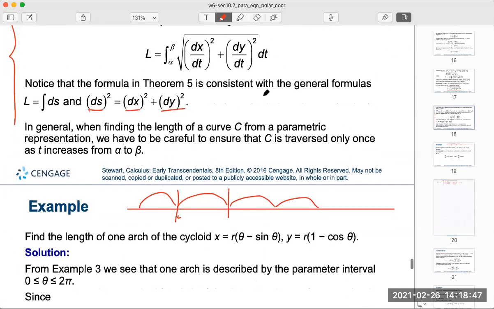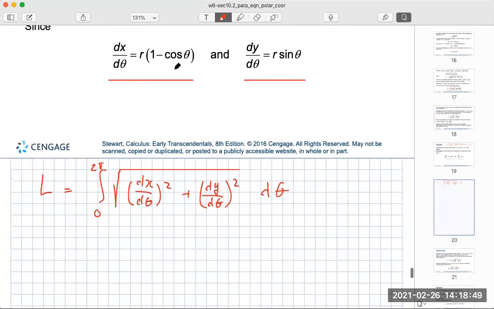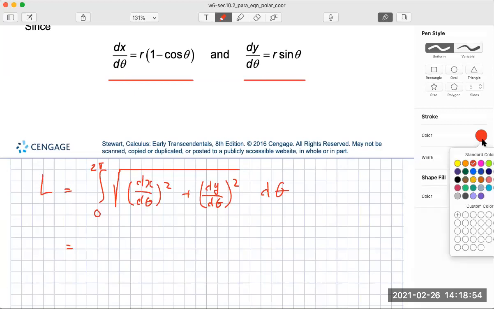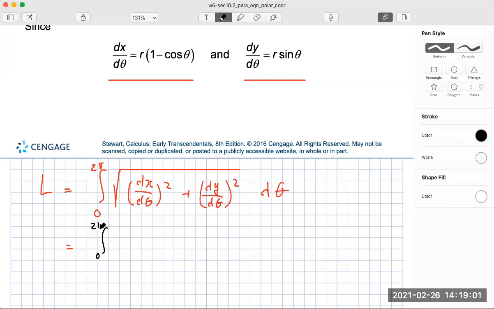We are given these here. So, we found these two. We substitute everything into this formula. What do we have here? This guy squared will be r squared times (1 minus cosine theta) squared plus what here?